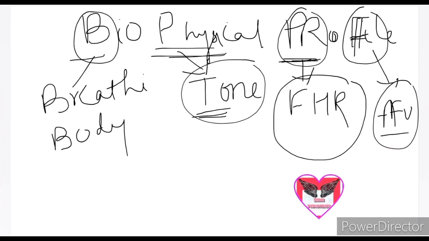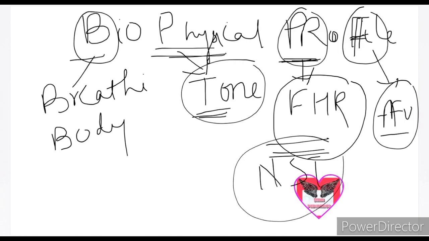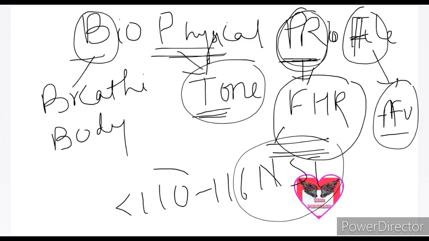So the most commonly used test we have is the non-stress test, that is reactive non-stress test included in biophysical profile. The normal fetal heart rate is 110 to 160. Less than 110 is bradycardia, more than 160 is tachycardia.